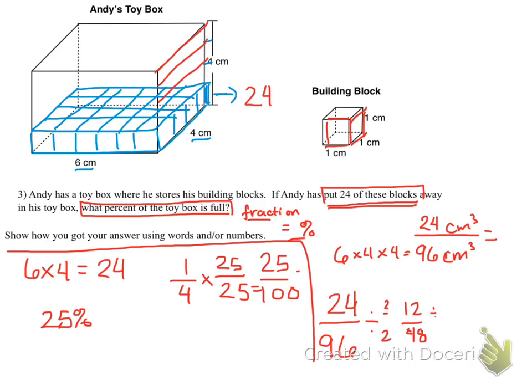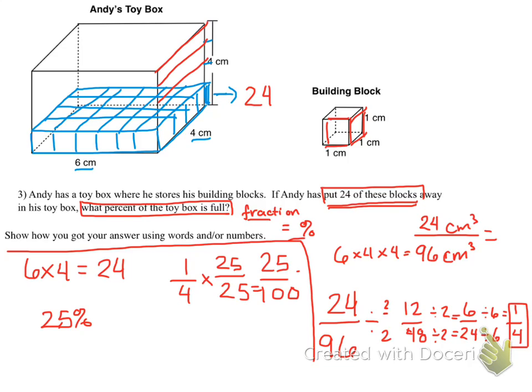Those are even. We can divide them by 2 again, and we would get 6 out of 24. And we might start to recognize that I can divide both of these by 6. And look what happens. 6 divided by 6 is 1, and 24 divided by 6 is 4. We come back to that same fraction of 1/4.